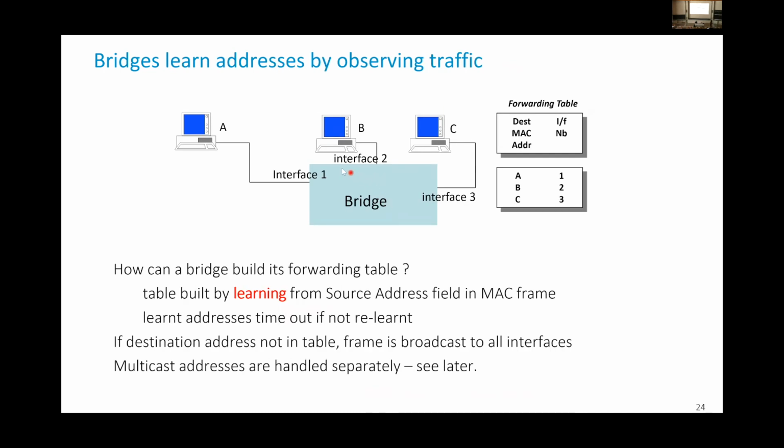In addition, a bridge learns the address by observing traffic. So when A sends a packet to B for the first time, the bridge doesn't know where B is. So the bridge will send it to port 2 and to port 3. It will broadcast it to all interfaces, except, of course, the interface it comes from. And if that's the only thing that happens, for example, if A sends a packet to B and B never replies to A, it's bad.